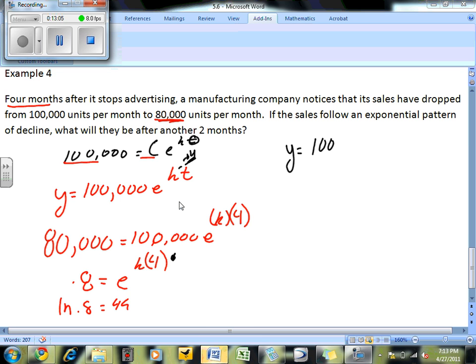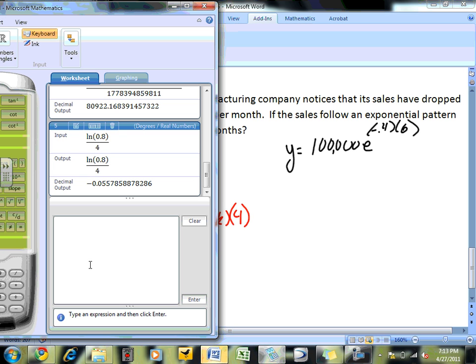So we have 100,000 times e to the k, which we have, times 6. The biggest part of this problem is realizing that now we are 6 months after, and t does not equal 2. We can go ahead and type that into our calculator here.